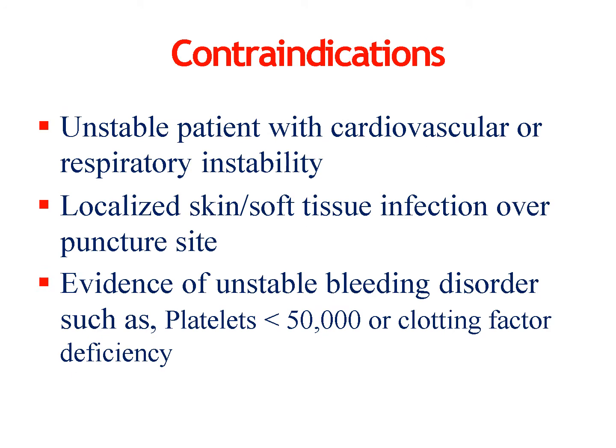What are the contraindications? Unstable patient with cardiovascular or respiratory instability, localized skin or soft tissue infection over the puncture site, evidence of unstable bleeding disorder like thrombocytopenia or clotting factor deficiency.